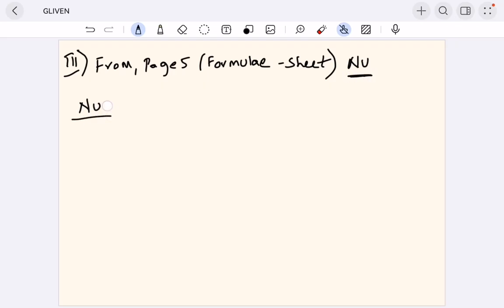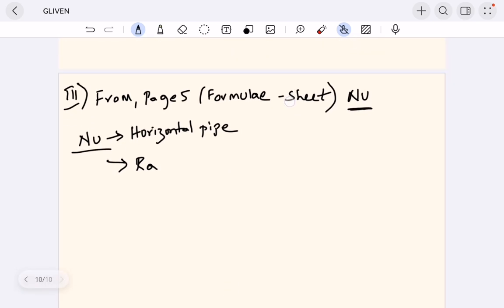Because the case is of a horizontal pipe, which is similar to our case. That's one. And the Rayleigh number that I calculated, 1.89 into 10 power 6, lies between 10 power 4 to 10 power 7.